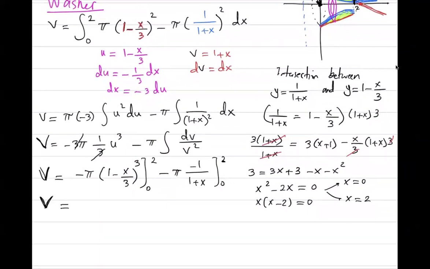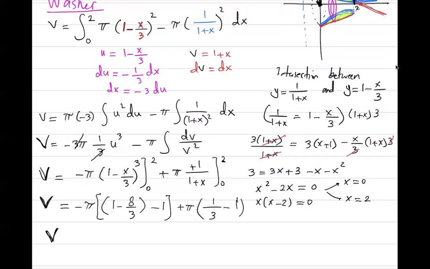So the volume can be written as negative pi, and if you plug in 2, you get 1 minus 8 divided by 3. Let's put this in parentheses, minus, if I plug in 0, I get 1 cubed or just 1, and another, so this becomes positive pi, and then if you just plug in 2, you get 1 divided by 3 minus 1 over 1 or just 1.